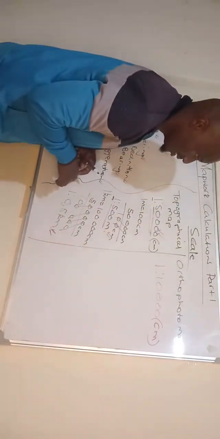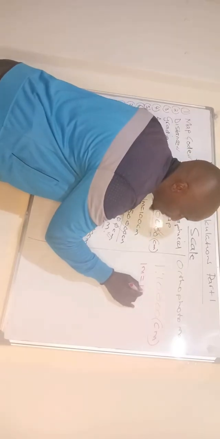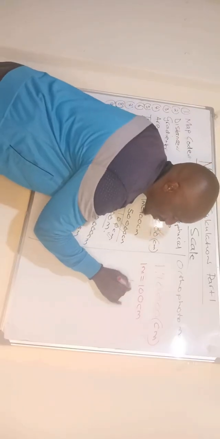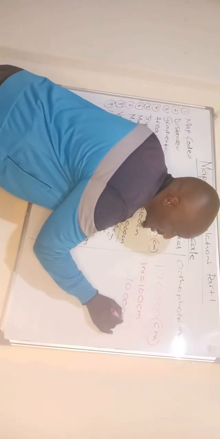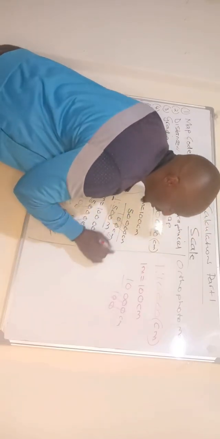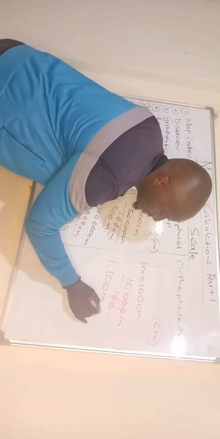1 is to 10,000. And we have said our 1 meter is equivalent to about what? 100 centimeters. So it means we divide our 10,000 centimeters by 100. What are we going to have? Which means we'll have the same scale in meters as 1 is to 100 meters. Same applies.